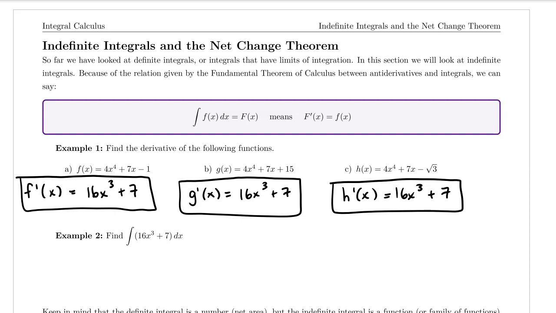So now example 2, we essentially want to relate the last three parts that we did, and we want to find the indefinite integral of 16x cubed plus 7.